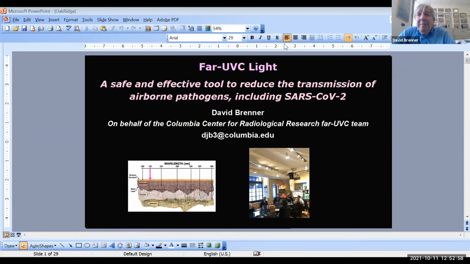The lamps can be installed in rooms as standalone devices, just a Far-UVC light installed in the ceiling. It doesn't require any great modifications in terms of electrics. Or, as I was saying just now, some of the manufacturers are producing a combined UVC and visible light as hanging pendant lights, so it can be installed that way. So installation is not so hard, I think.